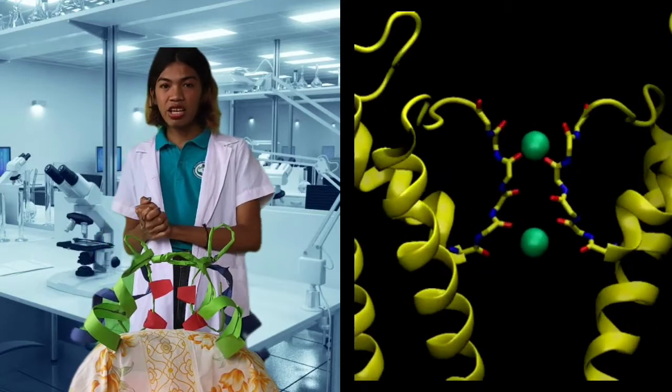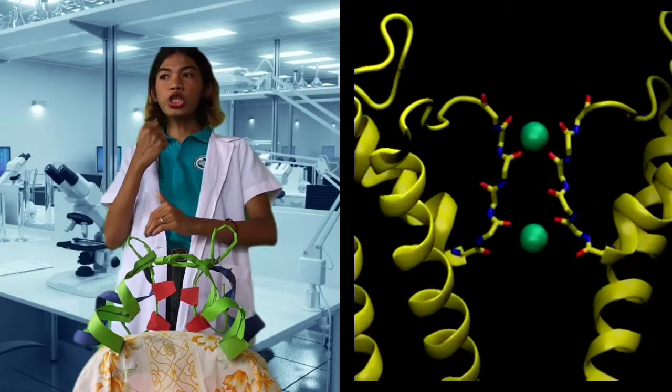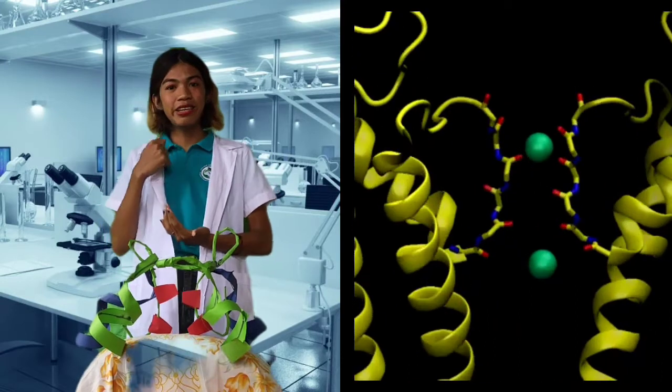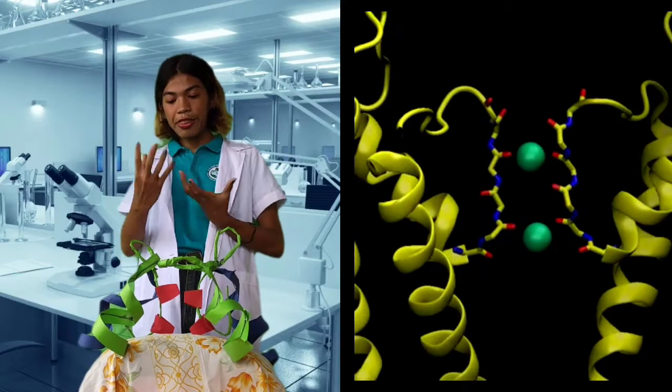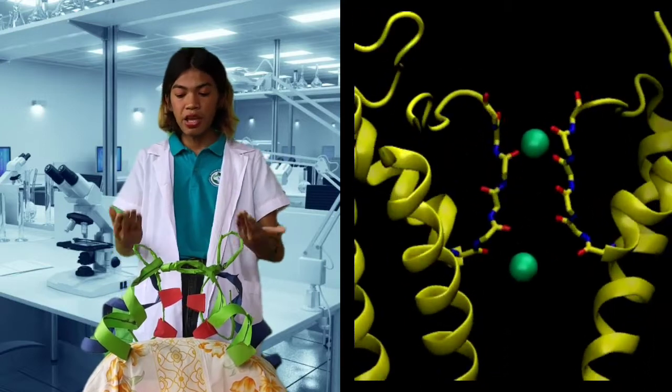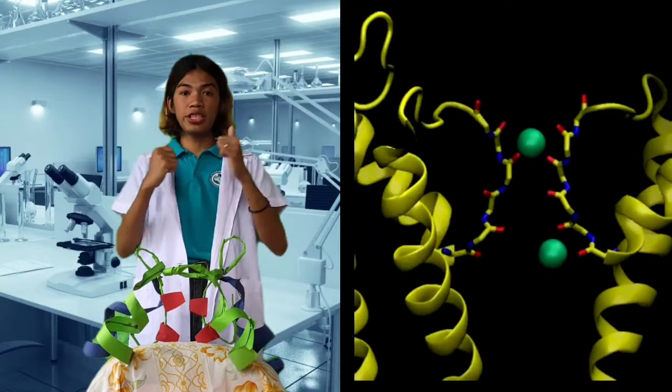Lastly, voltage gating. In order to maintain the needed potassium ion of the cell, the structure of the KcsA transforms into a different shape.